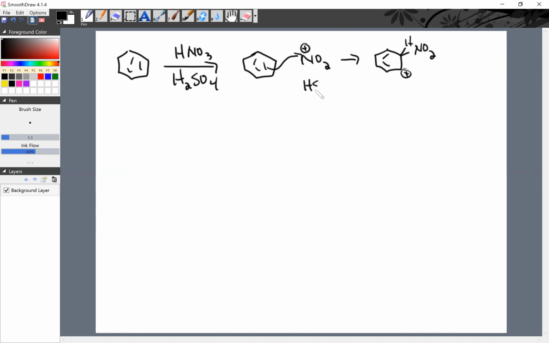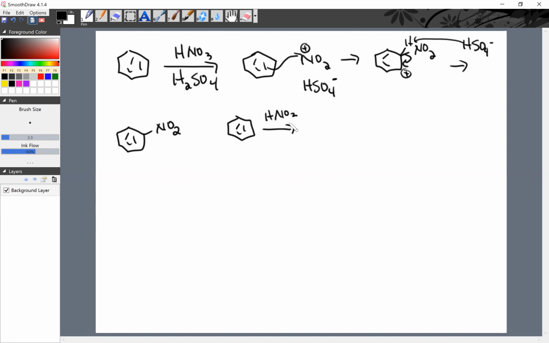Really that HSO4. That's the base. And that is nitration. So generically, you'd see HNO3, H2SO4, and you would just put an NO2 on. And so this one is nitration.